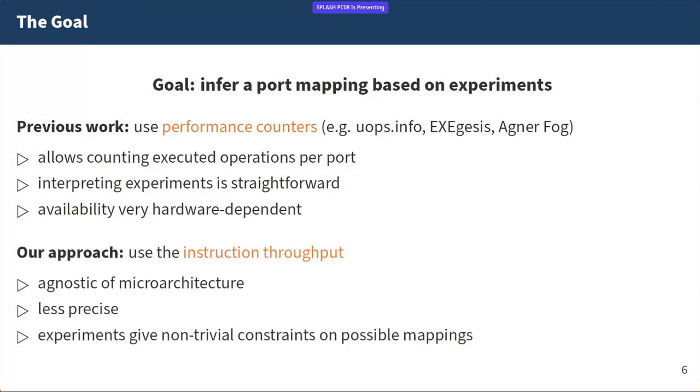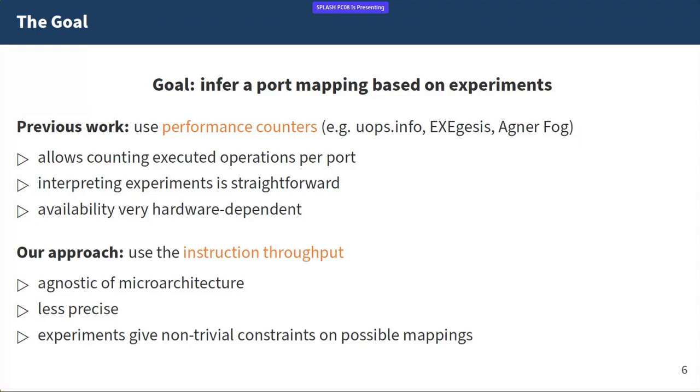Therefore, our approach instead does not use hardware performance counters, but really relies on instruction throughput measurements. So really running experiments and more or less measuring the time that is required to execute them. The benefit of that is that we can do that independently of the microarchitecture as long as we can measure the time required to execute our experiments.